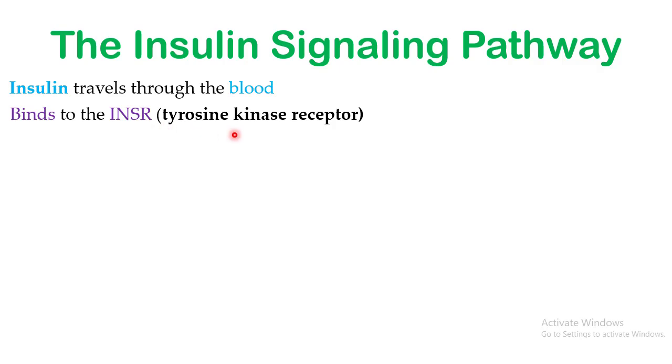What I mean by that is that this is a receptor that has an intrinsic kinase activity, and in this particular case, the kinase activity is a tyrosine kinase. What I mean by that is that when this kinase acts on its substrate, it will add a phosphate group on the tyrosine amino acids in its substrate protein. As this is part of the receptor and this is a tyrosine kinase, we call the insulin receptor a tyrosine kinase receptor.